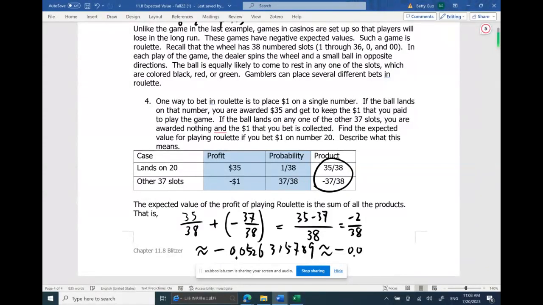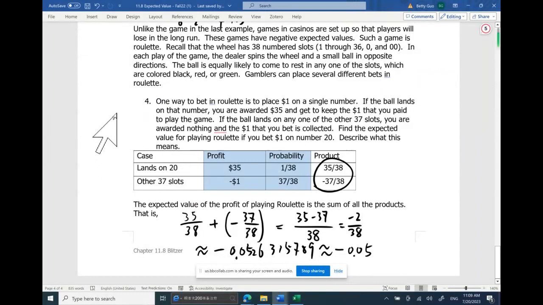It's actually more than that. You actually expect to lose more than just 5 cents, but we round to the nearest cent, so we round it down to 0.05. So every time you play, you expect to lose 5 cents. Or in the long run, for each roulette game you play, you expect to lose 5 cents.